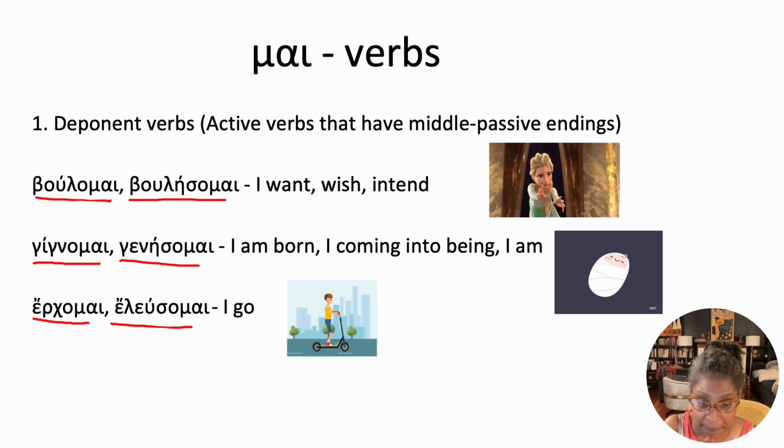Gignomai or genesomai, I am born, I become, I am. Erchomai or eleusomai, I go, right? So these are all deponents and they end in -mai, and these are omega deponent verbs.